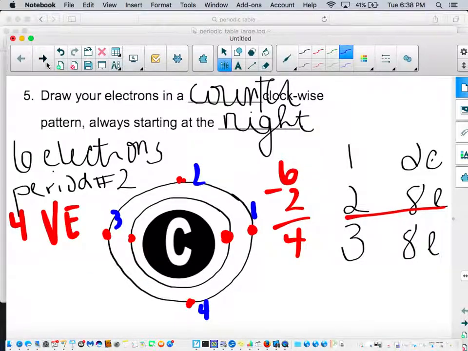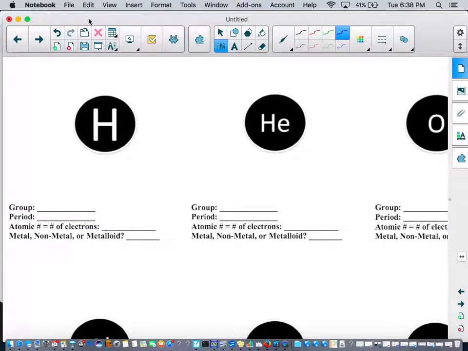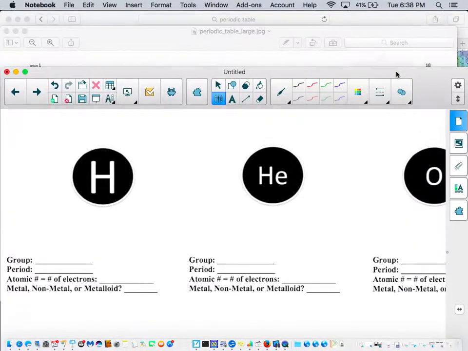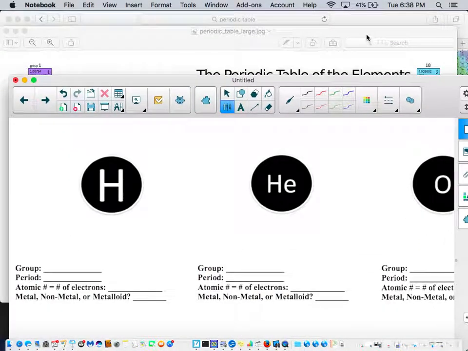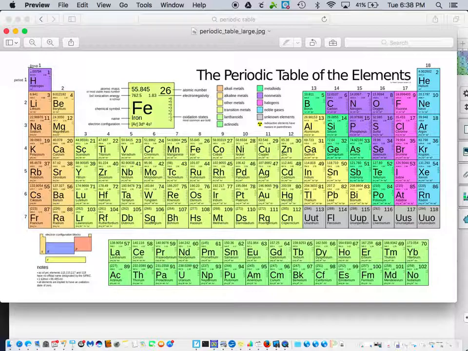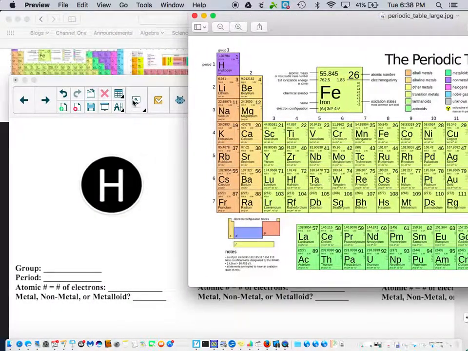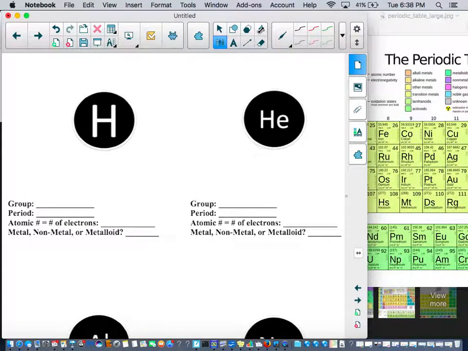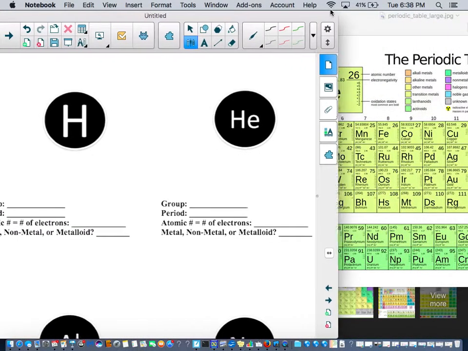All right, let's go to the next example. Next example is hydrogen. So we are going to find hydrogen on the periodic table. Hydrogen is located over here. I'm going to shrink this down a little bit so that I can see both at the same time.